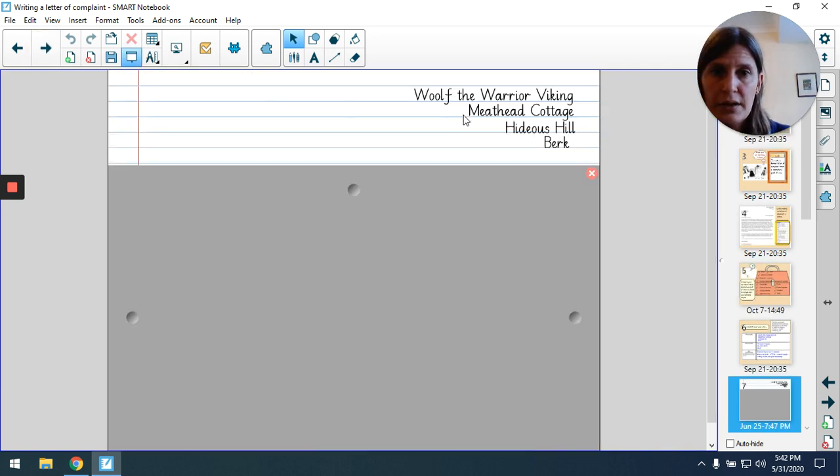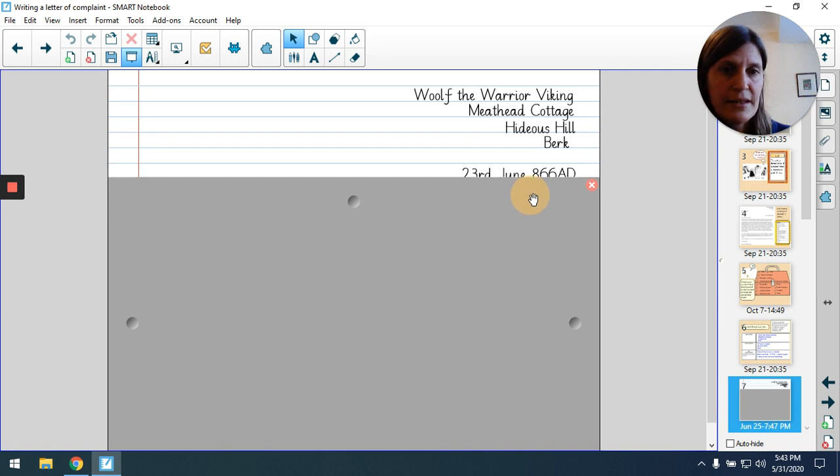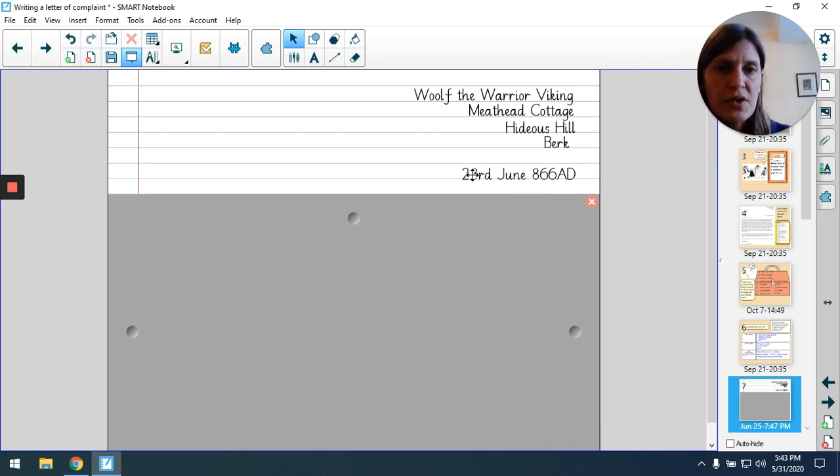So here we've got on the top right hand corner then the address of the person who's writing it. Wolf the Warrior Viking, Meathead Cottage, Hideous Hill, Burke, and as you can see they're all lined up. I miss a line. Now sometimes you have the date next, sometimes you have the address of the recipient next. It doesn't particularly matter.